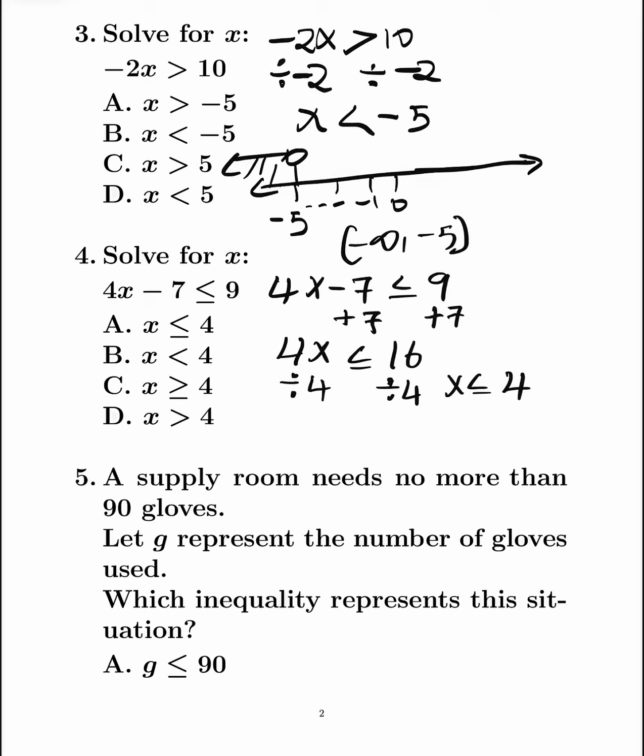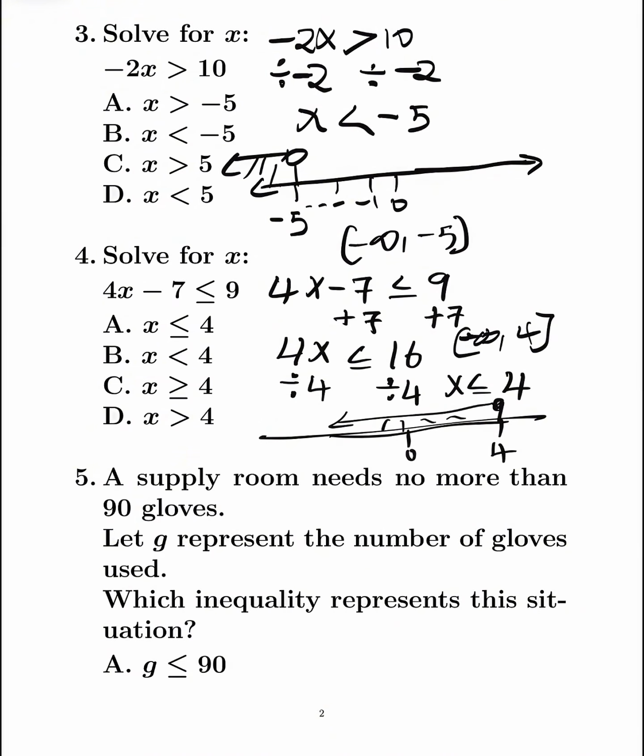If you want to represent this on a number line, we have 0, and 4 somewhere there. We know that it's closed. Toward negative infinity, the data set would be closed at 4 and heading toward negative infinity.